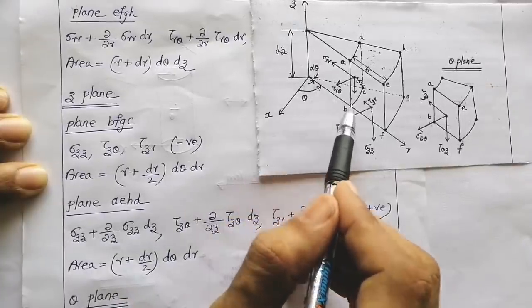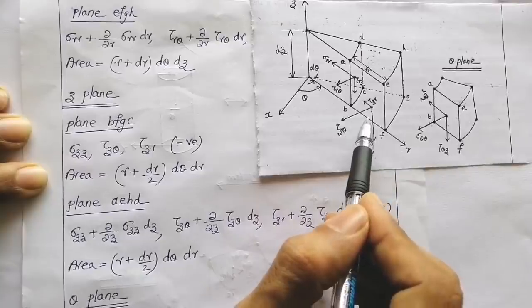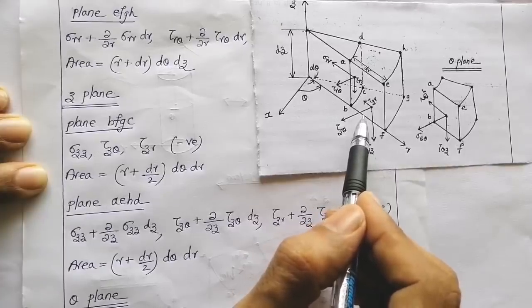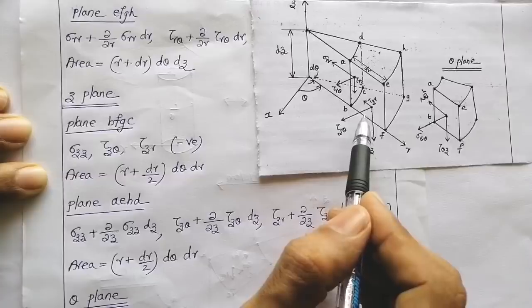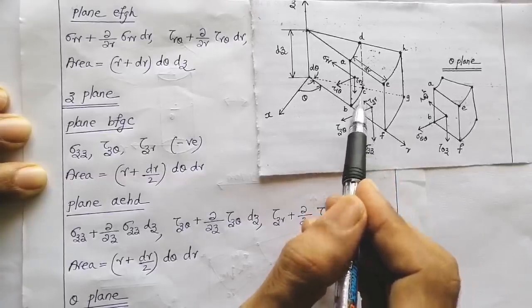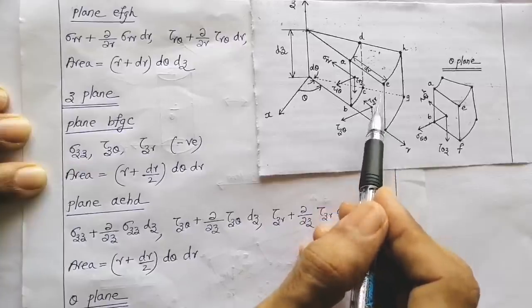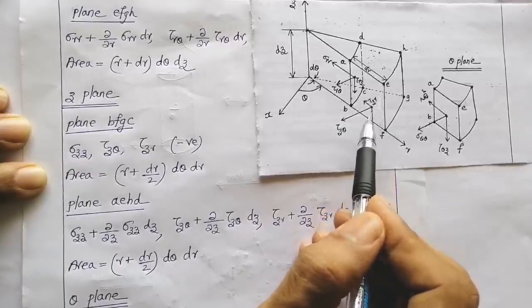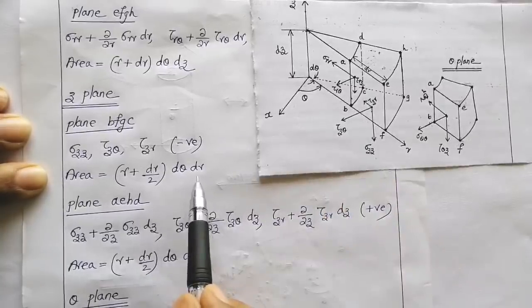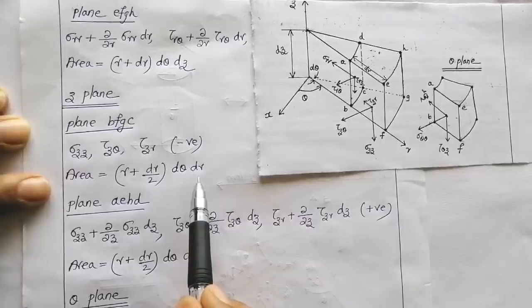This is 0 to R and this is dr, so dr by 2 will be some mean length of BF. So R plus dr by 2 into d theta gives a mean arc length between these two elements. So R plus dr by 2 into d theta gives the dimension of a mean arc, into dr, which gives the area of the Z plane.